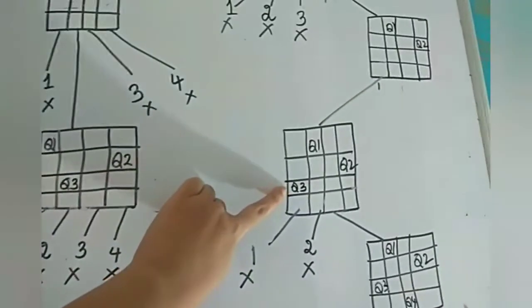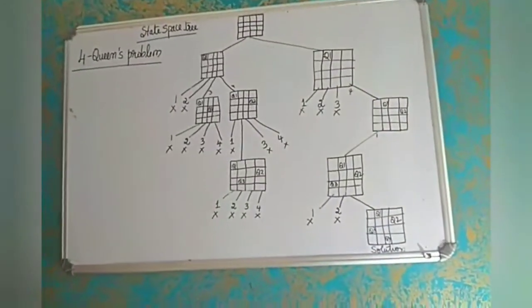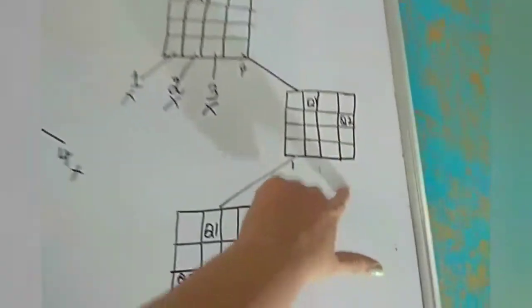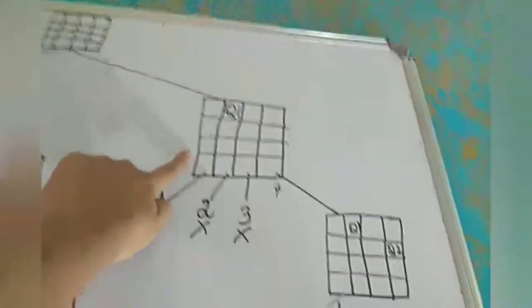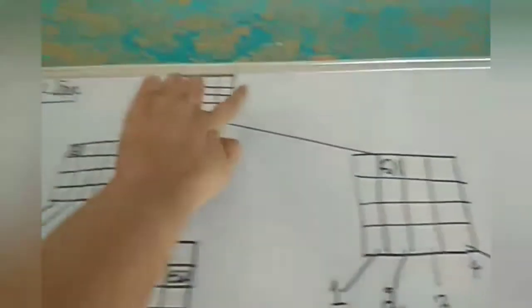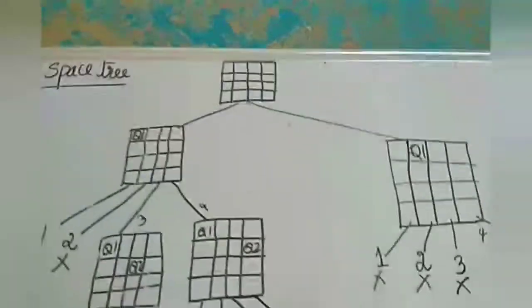Now three more columns are left, second, third and fourth. You have to check whether you can place q3 in any of these. If you cannot, then again you have to backtrack to this node, where all four options are already considered. Then again you backtrack.